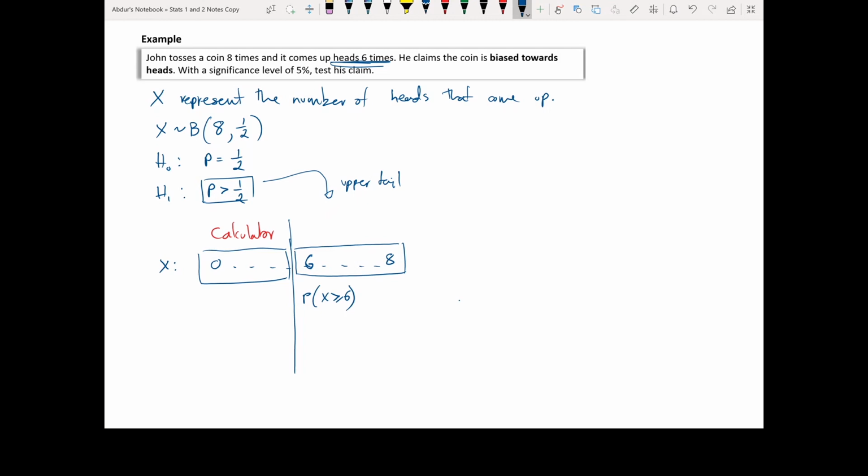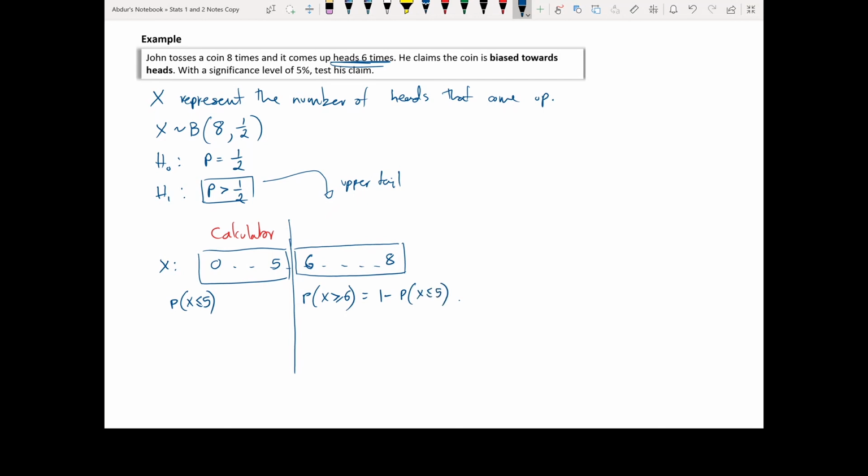So in order to work out the right-hand side, which is what we're after, we need to work out the probability of X less than or equal to 5. Once we do that, we can do 1 minus the probability of X less than or equal to 5 to work out the probability of X greater than or equal to 6. So let me write that down: 1 minus probability of X less than or equal to 5.